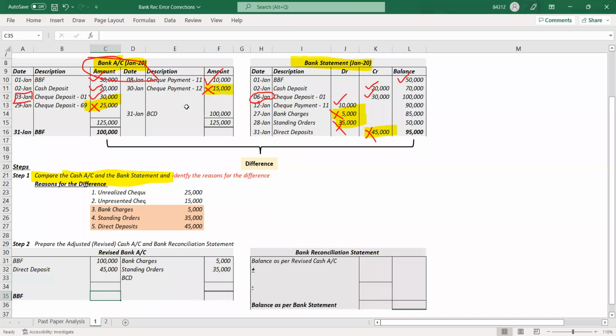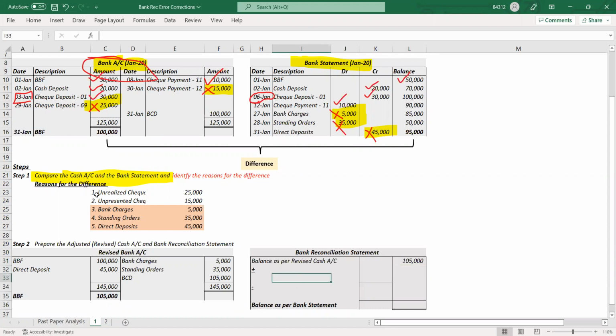Okay, so total debit is more. The difference is 105,000. So we take that balance in the bank reconciliation statement. It's a debit balance, so it's a positive balance.